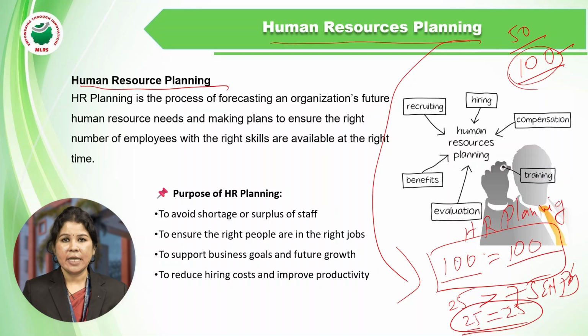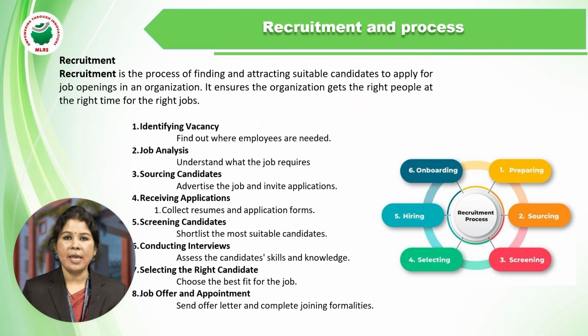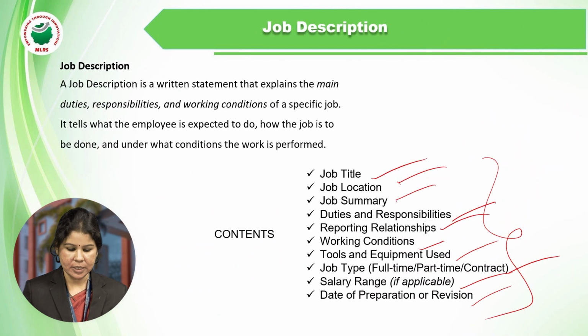So HR planning is giving the right number and kind of people whenever the organization requires. Why do we induce this particular function? Unless we have the right number, we can't give 100% productivity in the organization. So that is all about HR planning. Next, we have another function in this employment procurement, as we discussed.